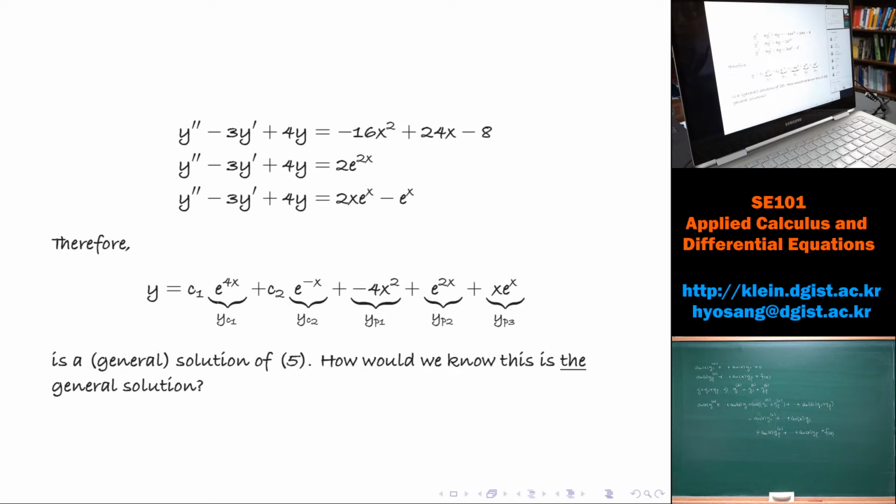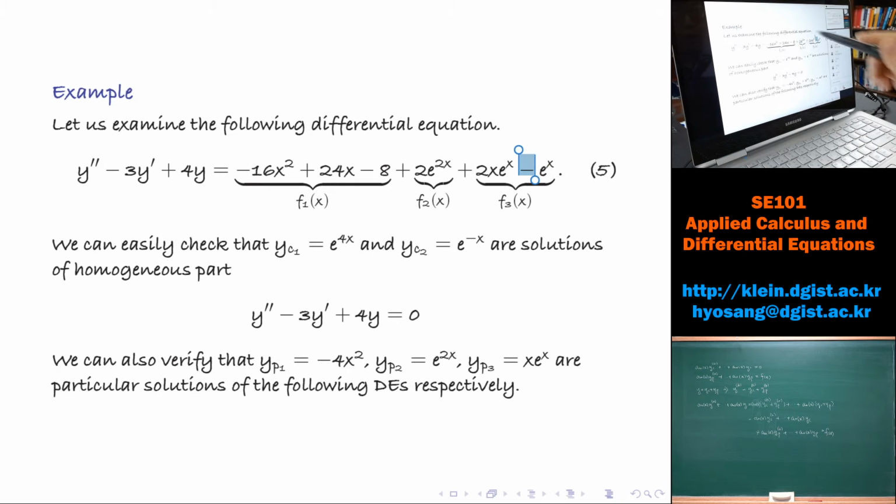First, the sum of these yp1 to yp3 is a particular solution to this differential equation 5 because of proposition 3, right?